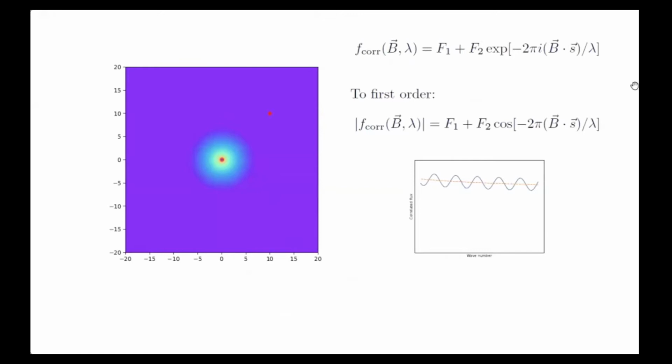So the correlated flux would be like this, which means the effect of the companion would be adding a sinusoidal ripple to the correlated spectrum. So if the contribution of the primary system is a smooth curve, then the ripple is easy to recognize.